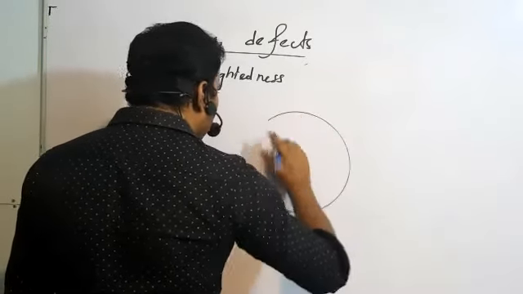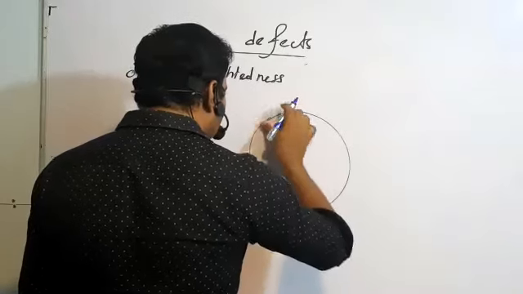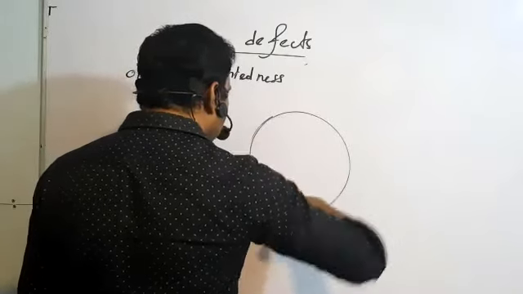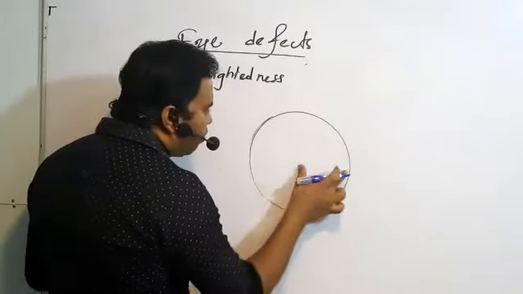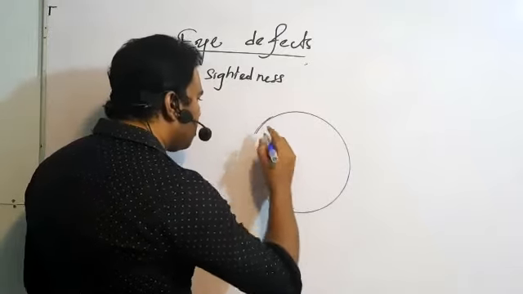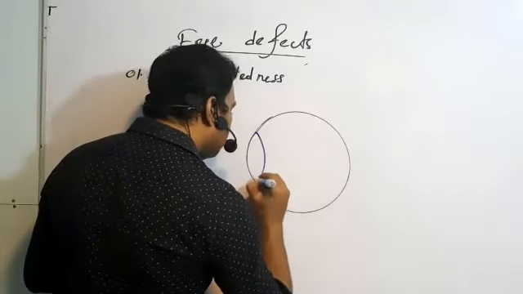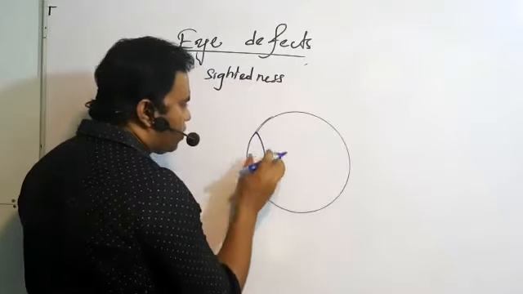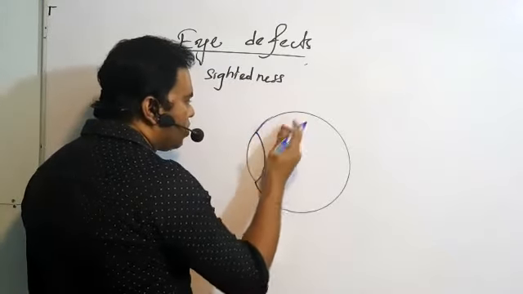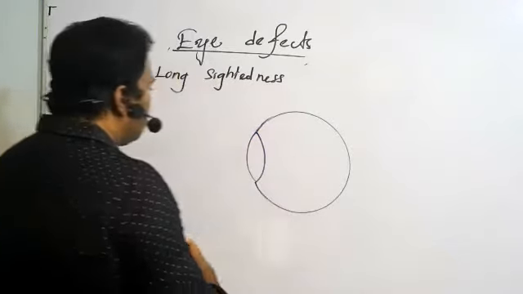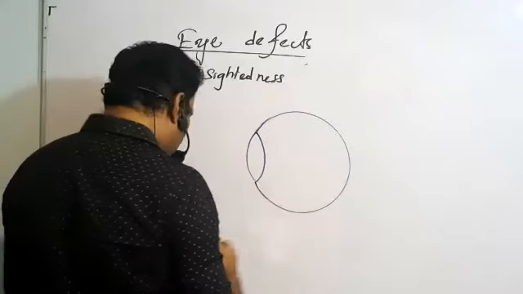So this is the eye lens. It tries to focus the object by increasing its curvature, but it is too much. The ciliary muscles cannot increase the curvature enough to focus it onto the retina.